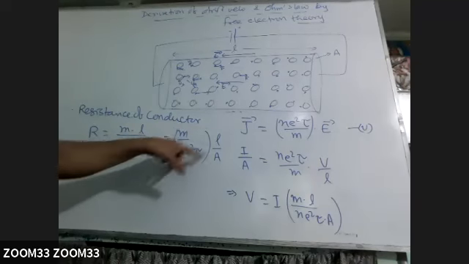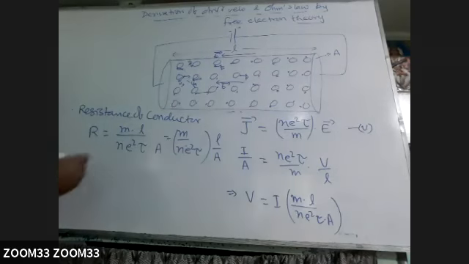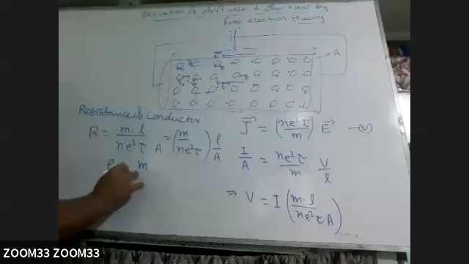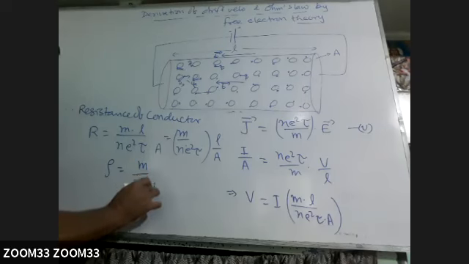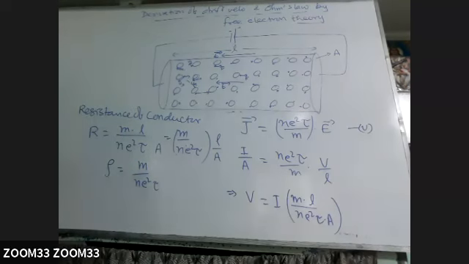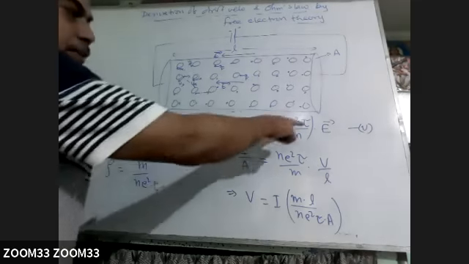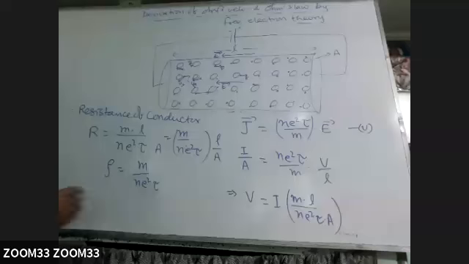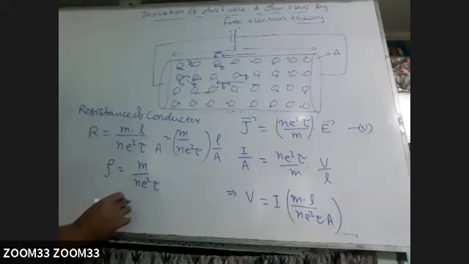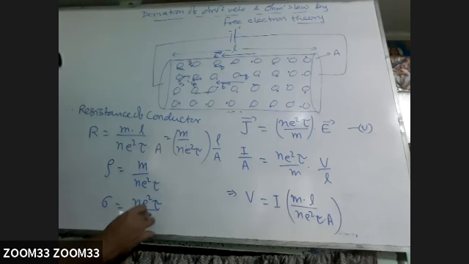Now what will be this? So R is this much, rho will be now m over n e square tau. Sigma is from here, inverse of this. So sigma is n e square tau over m.